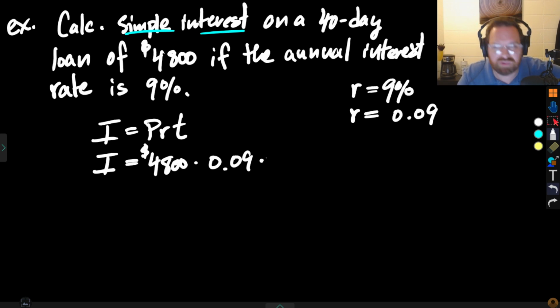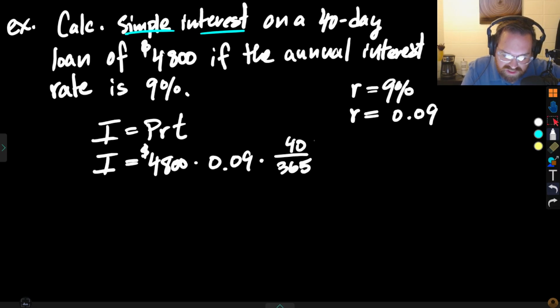For the purposes of this problem, I am going to assume that a year is 365 days. Technically, there's like an extra quarter of a day. This is the reason why we have leap years. Whatever. It's fine. Imagine it's 365 days. So I'm going to take 40 over 365. All I have to do is multiply every single one of these things out, and I'll know exactly what my interest is.